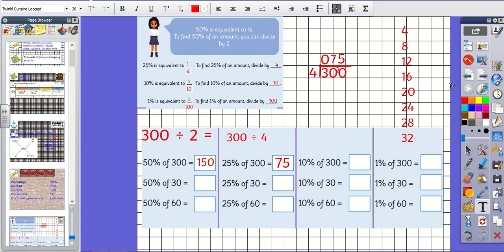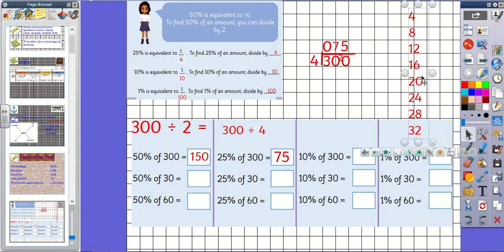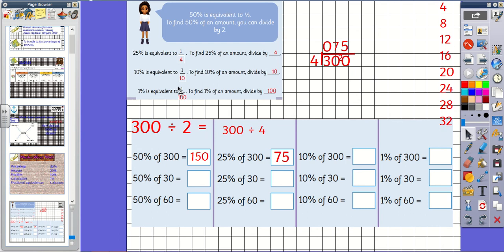Then moving on to 10%. When we find 10%, we divide the amount by 10.